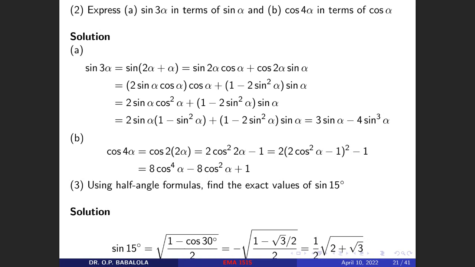Someone says double angle. Thanks, Kennel. Can someone else tell me what formula we are going to be using? Addition and double angle.